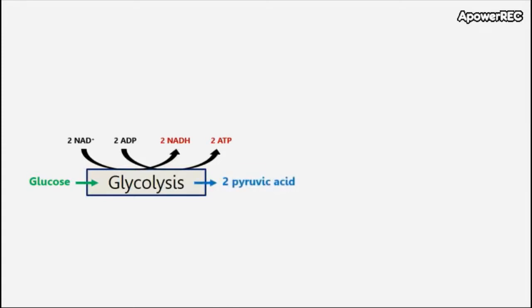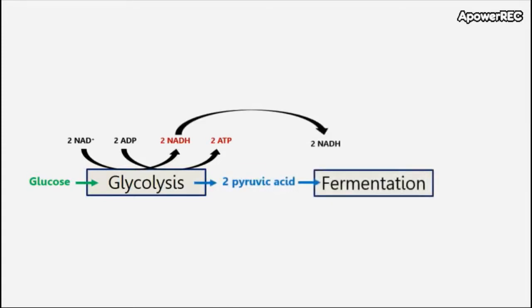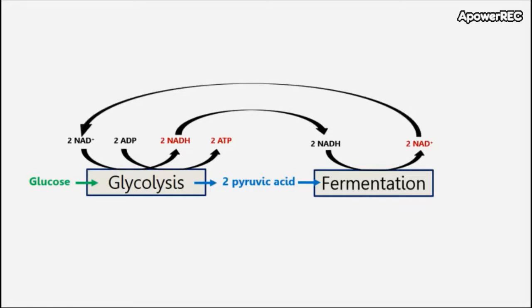And we have 2 pyruvic acids. And in fermentation, we take the pyruvic acids and our NADHs, and we donate them to organic compounds to regenerate our NAD+, and continue doing more glycolysis.